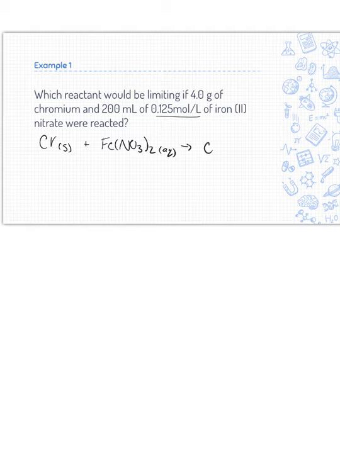So we're going to create chromium nitrate, and it's chromium(III) because that's the most common charge for chromium. And we're going to create iron as a solid. To balance, we need 2 chromiums, 3 iron, 3 nitrates. We're going to make 2 of these, and we need 3 irons.